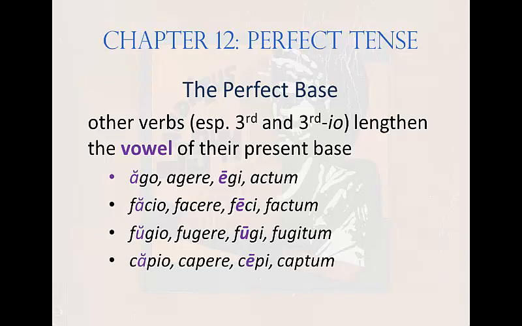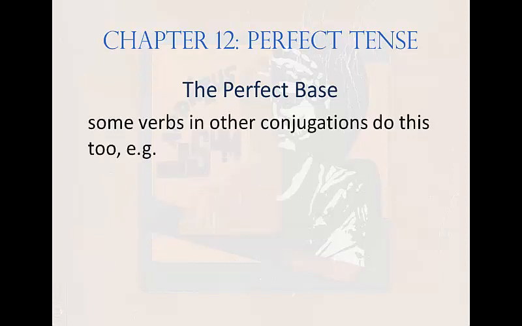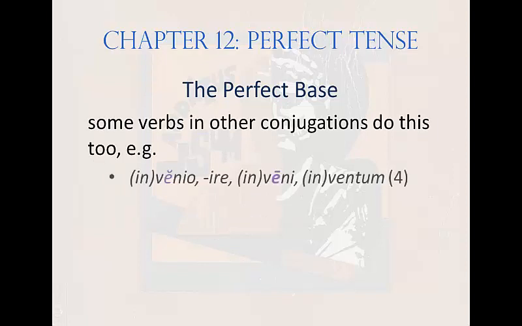capere, cepi, captum. But vowel lengthening to form the perfect base is not the sole province of third and third io conjugations. Verbs like venio and its compound invenio do the same. Venio, venire, veni, ventum. In second conjugation, video also follows this pattern. Video, videre, vidi, visum.